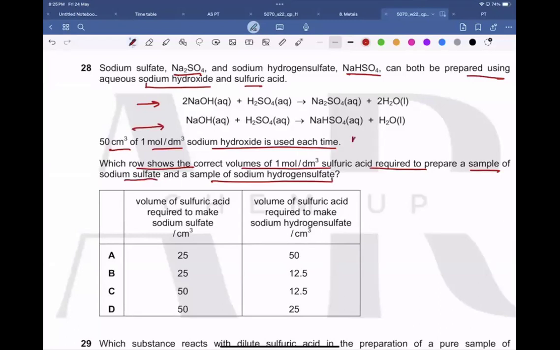Okay. So let's find the moles of sodium hydroxide. It is going to be 1 times 50 over 1000, so I'm going to get 0.05 moles. Now, to form hydrogen sulfate, the mole ratio is 1:1.